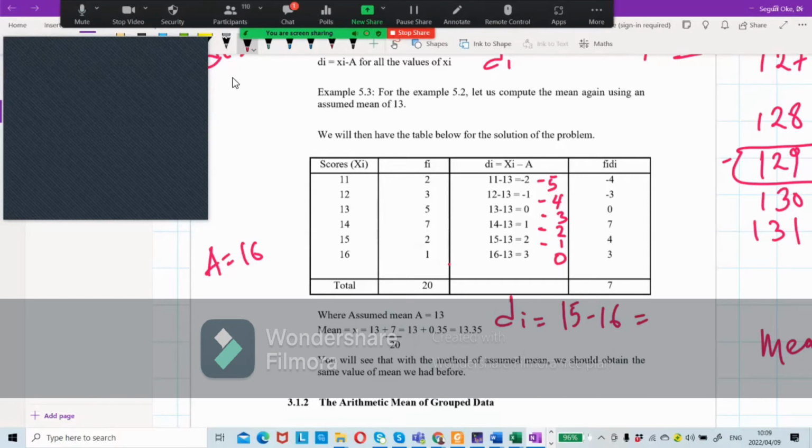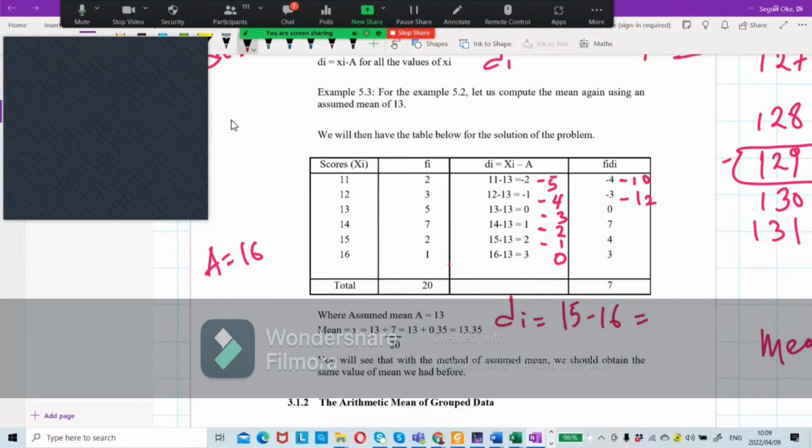Now, let's multiply. Minus 5 multiplied by 2, minus 10. Minus 4 multiplied by 3, minus 12.